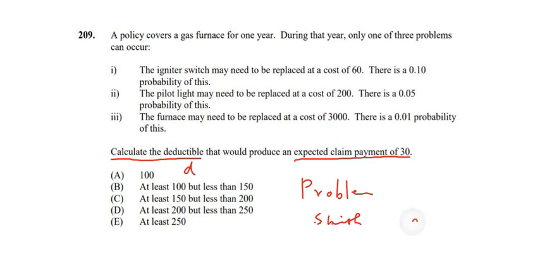So the probability is 0.1, and the cost is $60. And the problem is this pilot. So this probability is 0.005, and the cost is $200.